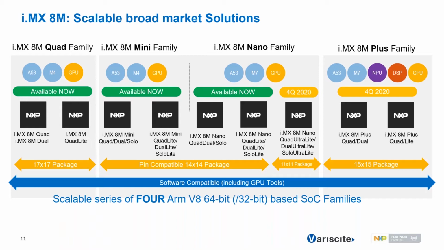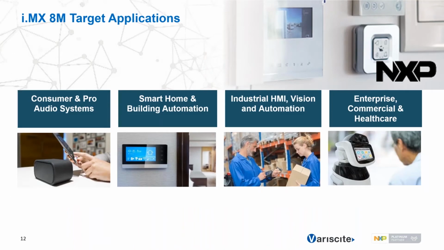So if we go to the next slide, we can see the wide variety of markets that the i.MX 8M family is aimed at. Since its launch, the 8M has been rapidly taken to production in a range of markets, from consumer to IoT, including smart home, and industrial markets, from automation to healthcare.